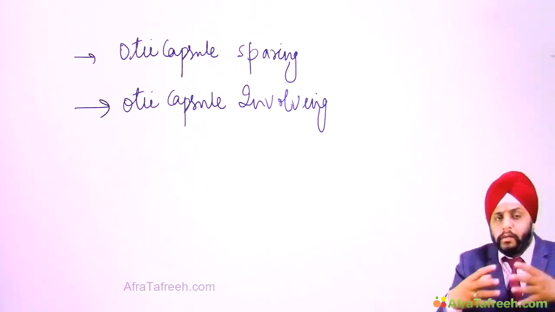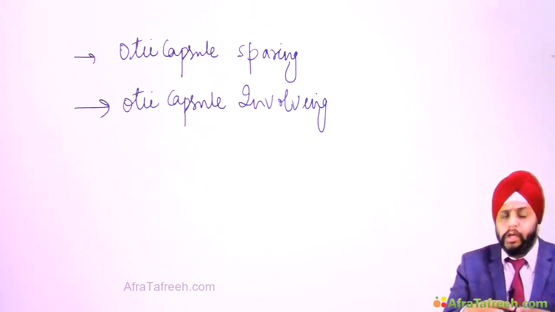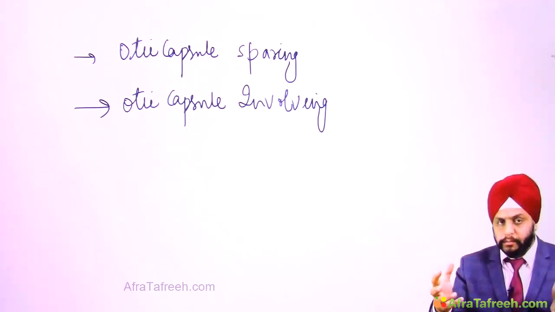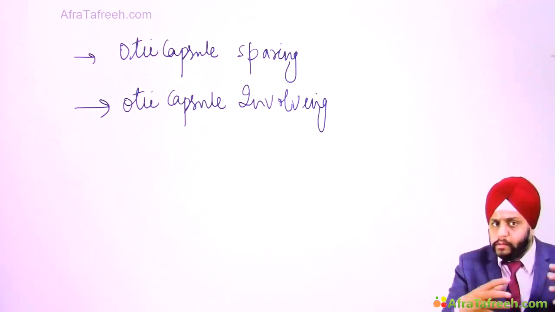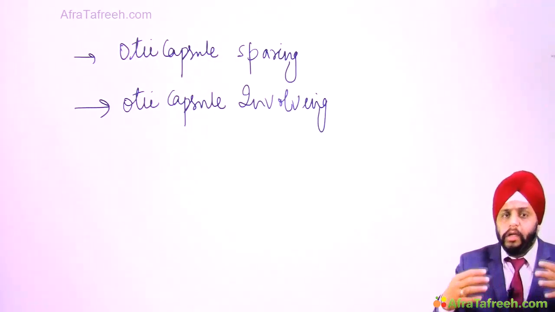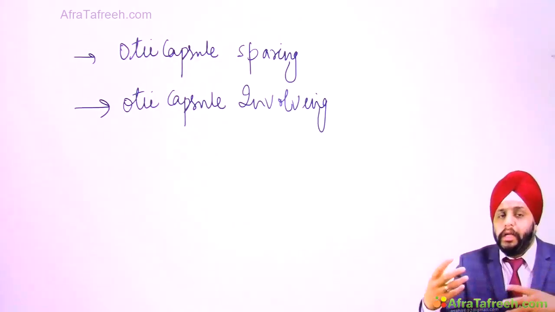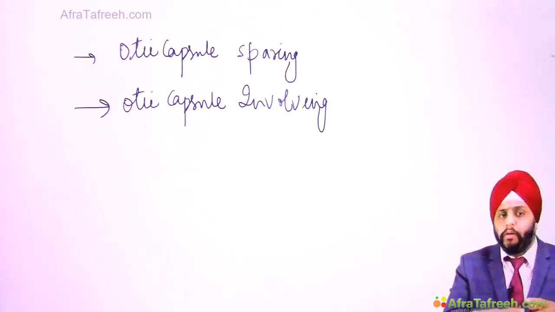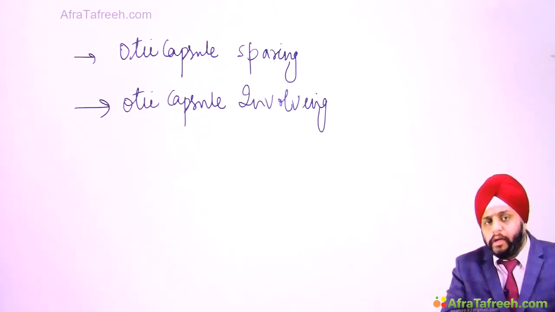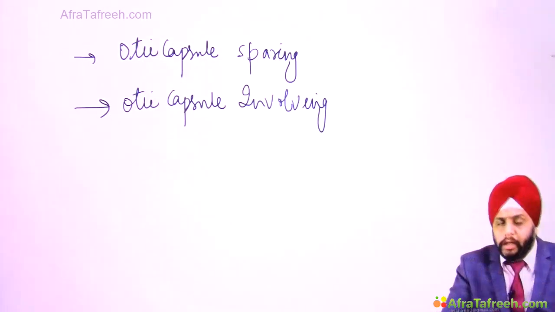So one that is sparing the otic capsule, you see otic capsule forms the inner ear, right? So otic capsule sparing means this fracture is not damaging the inner ear. Otic capsule involving, otic capsule forms the inner ear. So that means this fracture is now involving the inner ear.